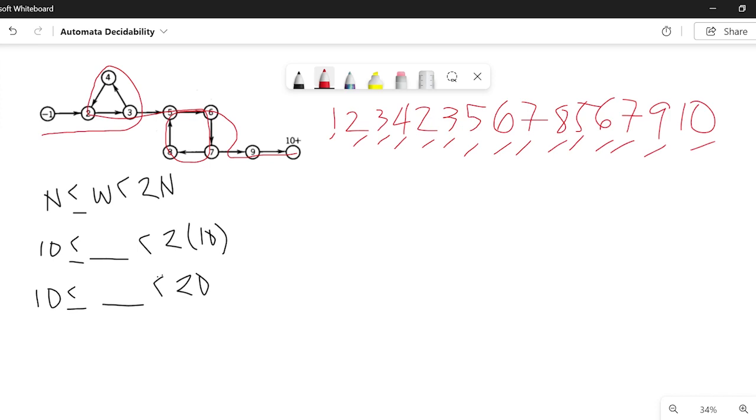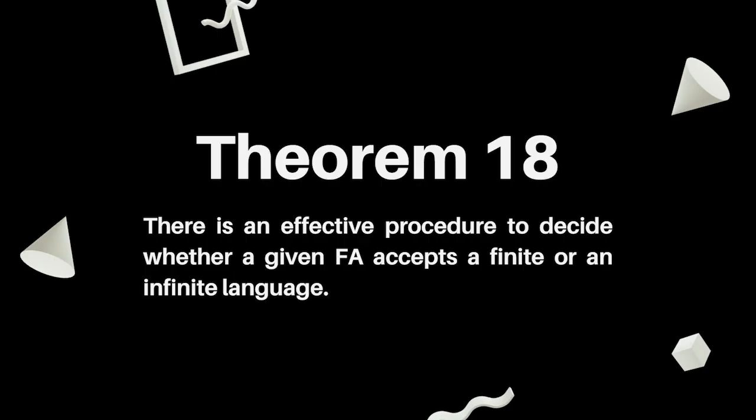Let's put the length of our word here, which is 14, which, as you can see, clearly satisfies the equation where the length of W is greater than or equal to 10 and less than 20. Okay, so now that we're done with Theorem 17, let's move on to the final theorem that we will discuss for this chapter, which is Theorem 18.